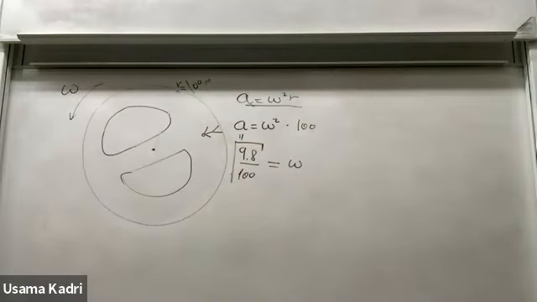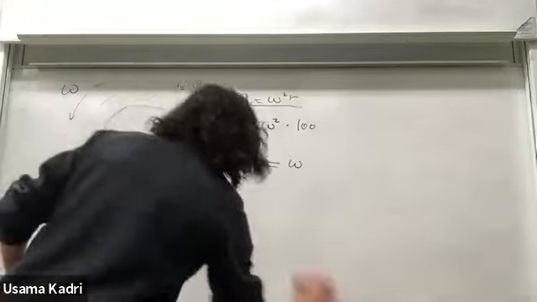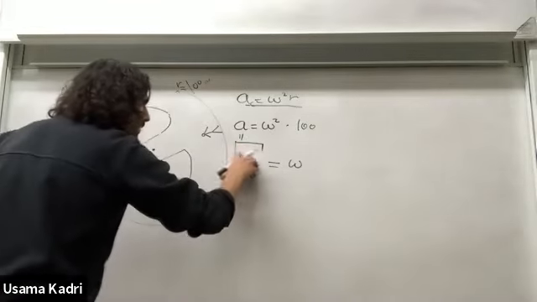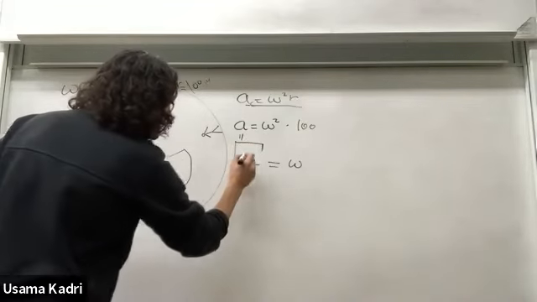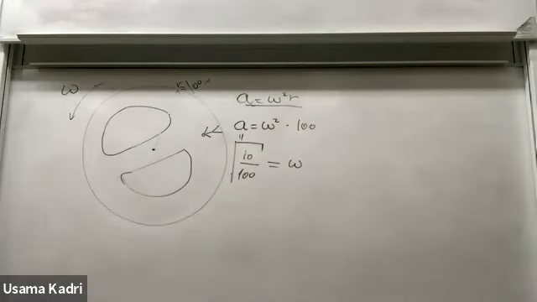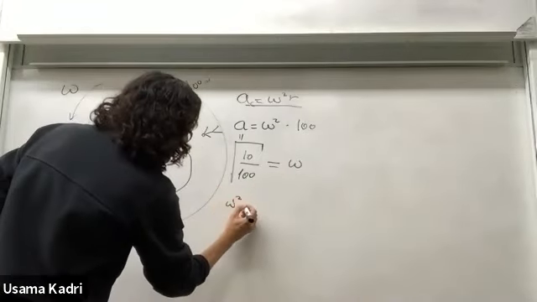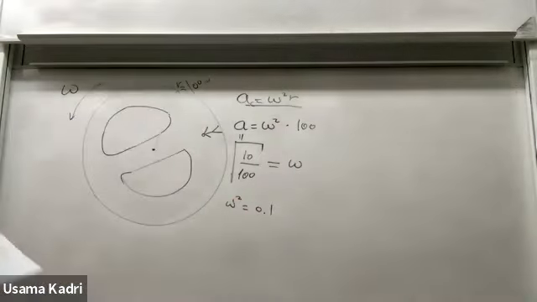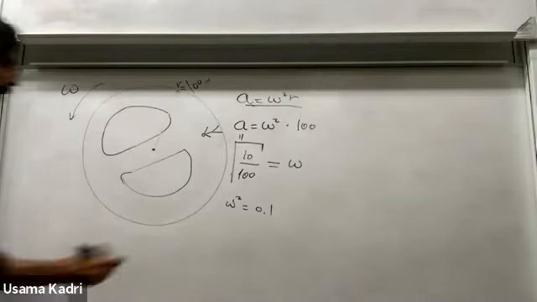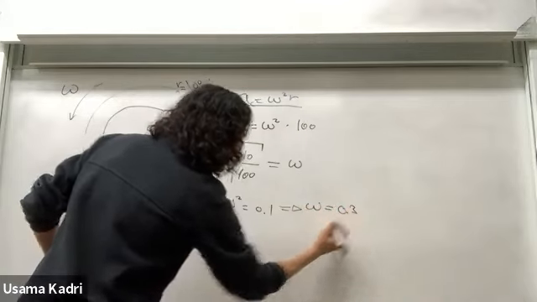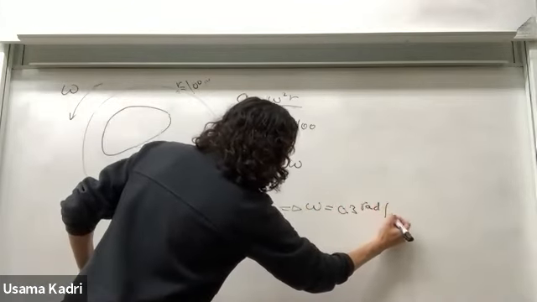Just to make things easier for calculating, we can just put 10 here, which means omega squared would be 0.1, right? So omega would be 0.3 radians per second.